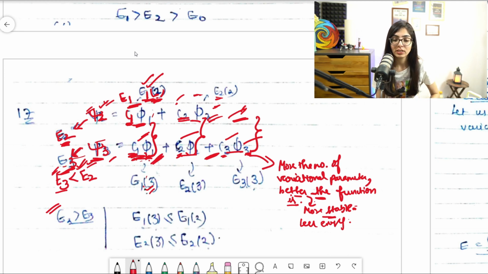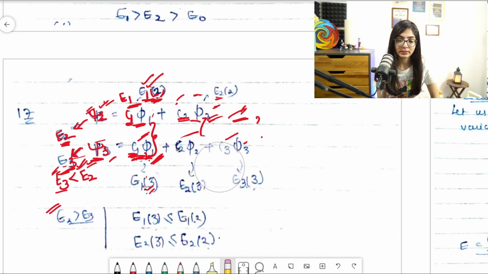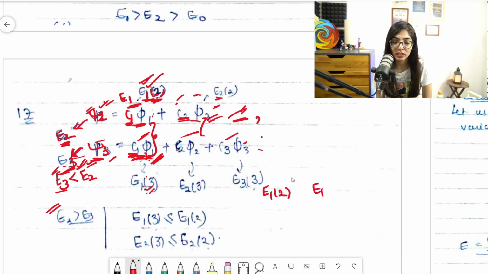Obviously the third, because it is more stable, a function with more variational parameters, so it will have less energy.